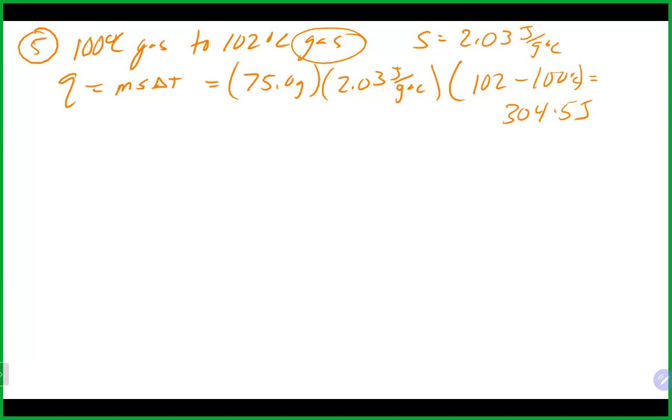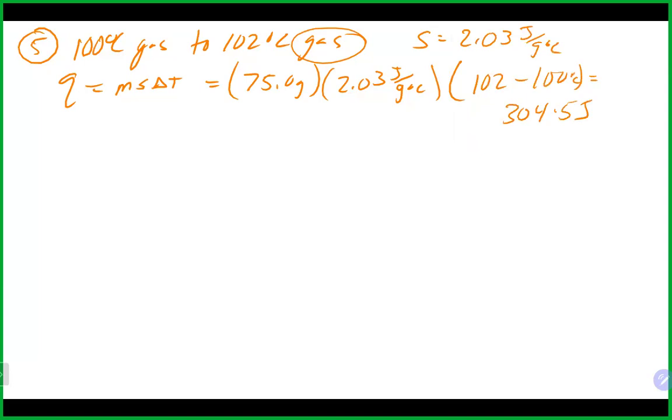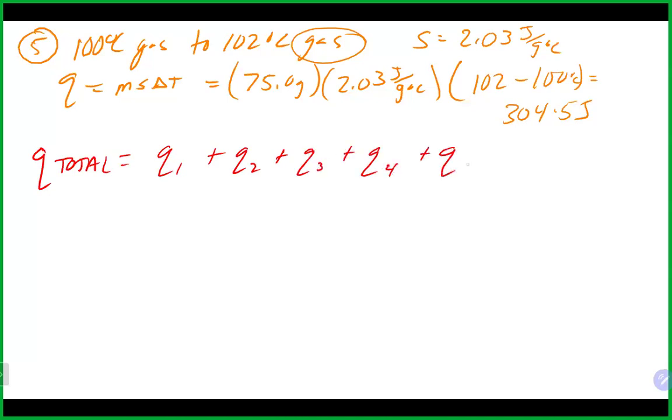Now, if we want to know the total energy here, the total energy would be the energy from step 1 plus the energy from step 2 plus the energy from step 3 plus the energy from step 4 and the energy from step 5.